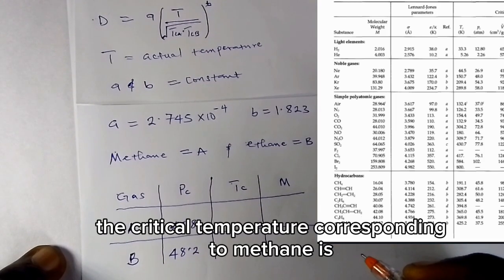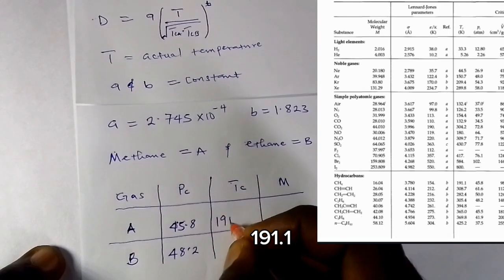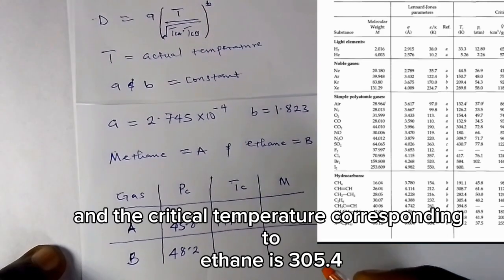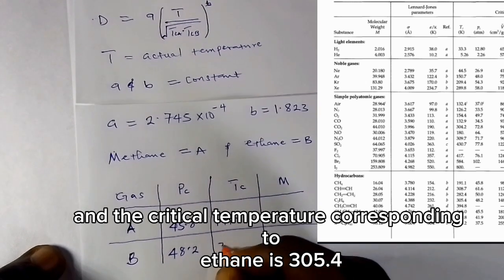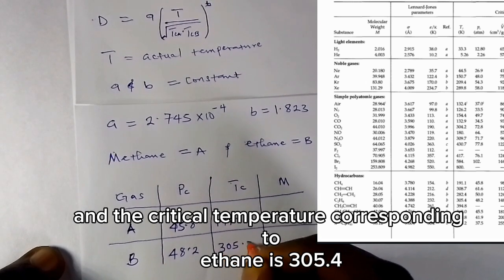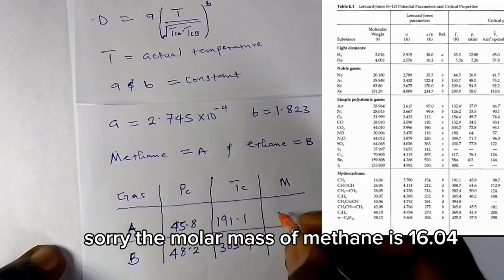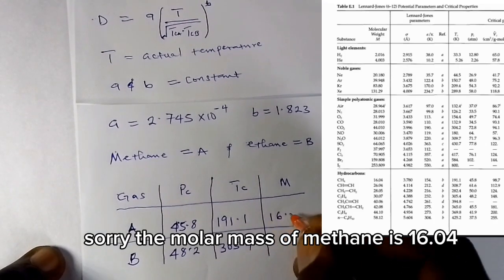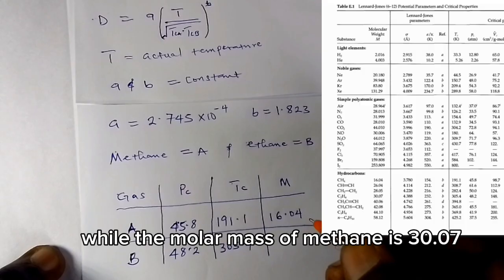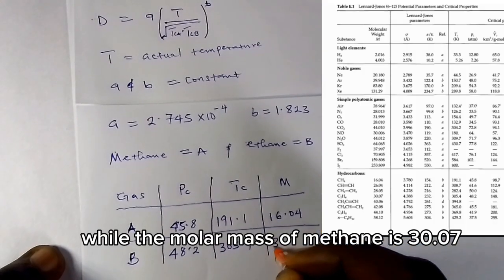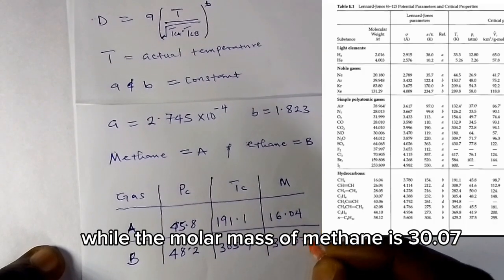The critical temperature corresponding to methane is 191.1, and the critical temperature corresponding to ethane is 305.4. The molar mass of methane is 16.04, while molar mass of ethane is 30.07.